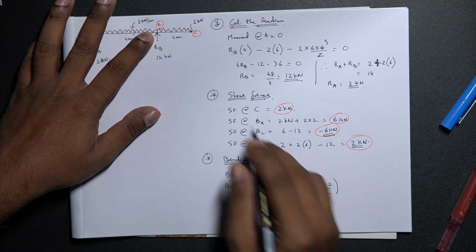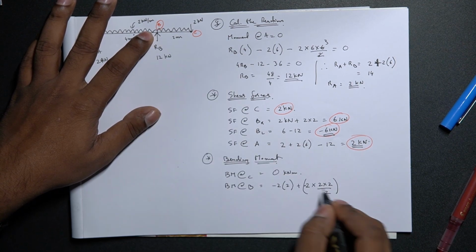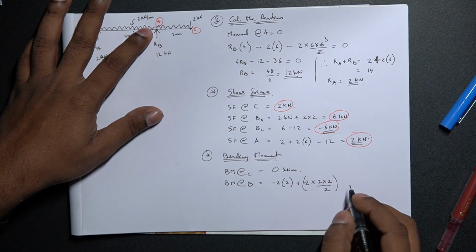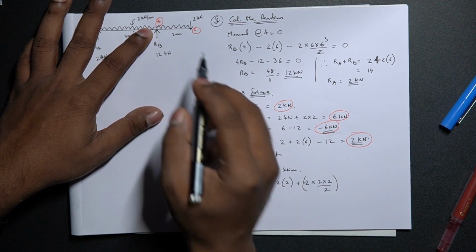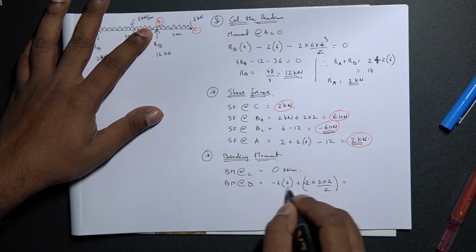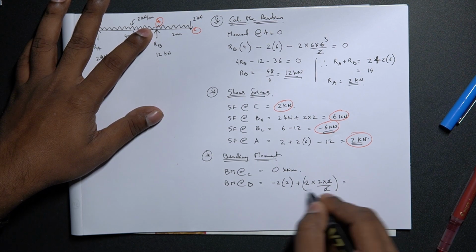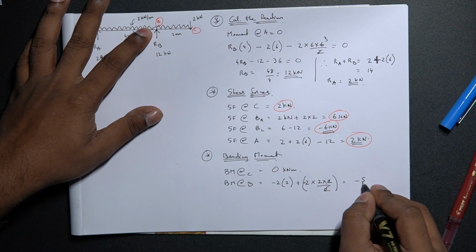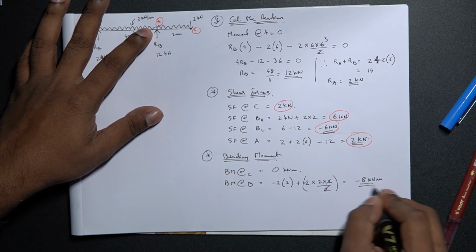Again this is creating a hogging action, so it will be minus 2. On the whole this would be minus 4 and minus 4, so minus 8 kilonewton meter.